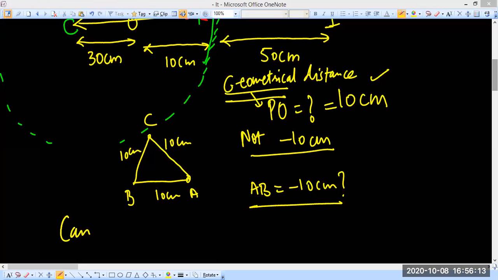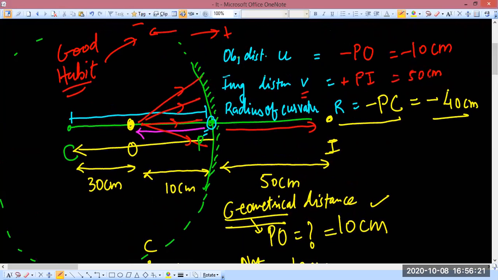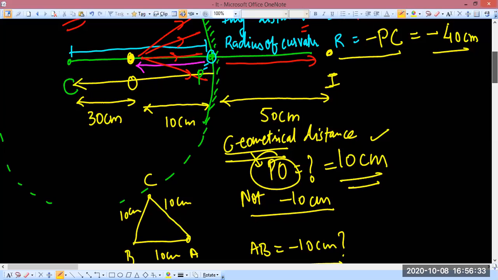Yes, so that is what we have to understand. Everyone, please be careful. So in this case, object distance is minus PO, which is minus 10, but PO is 10. Clear? PO is 10. Okay, fine.